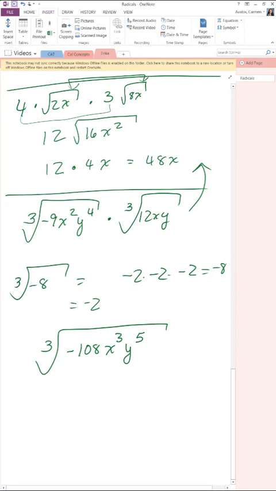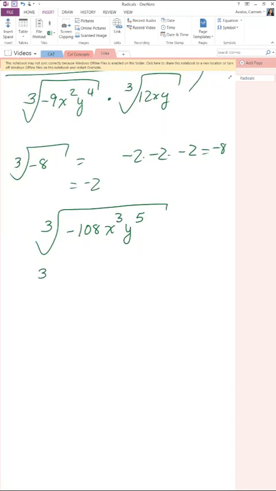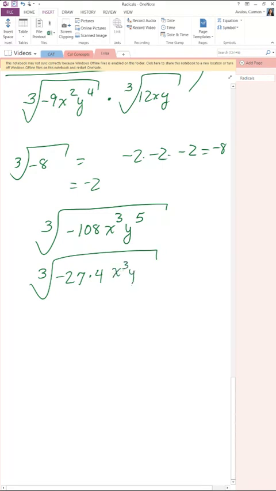And then, let's see, so this one's going to have 1, 2, 3. So 3, let's see, times 4. So I think what you're going to have in 108 is going to be negative 27 times 4, x to the third, y to the fifth.